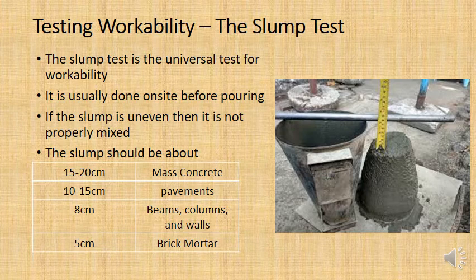So for very high strength concrete that's required, something like beams or columns in a high-rise building, you need some workability to place it, but you don't want it too high because workability tends to mean that it also has lower strength. So about 8 centimeters is what's expected for beams and columns and walls in a building.